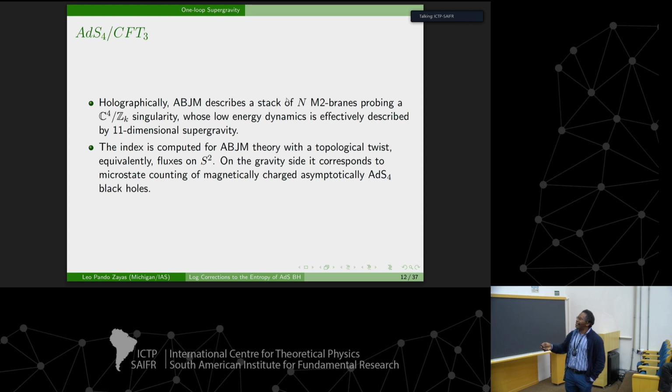On the gravity side, these theories are described by a stack of N M2 branes, probing, for ABJM in particular, this singularity. The configuration that I'm interested in, which corresponds to the topologically twisted ABJM, is of course a gravity theory with some magnetic charges, and that's the dictionary.